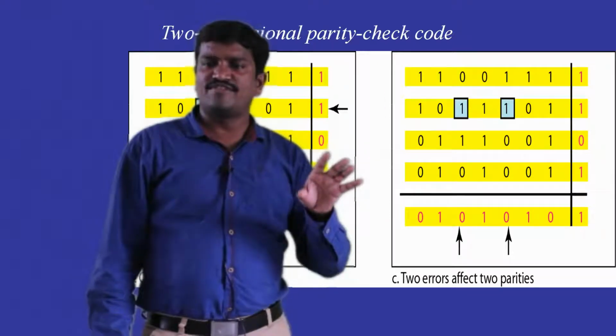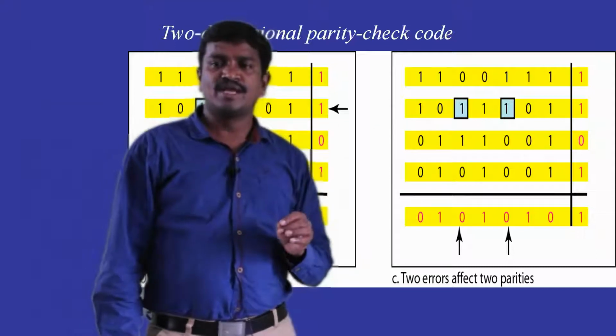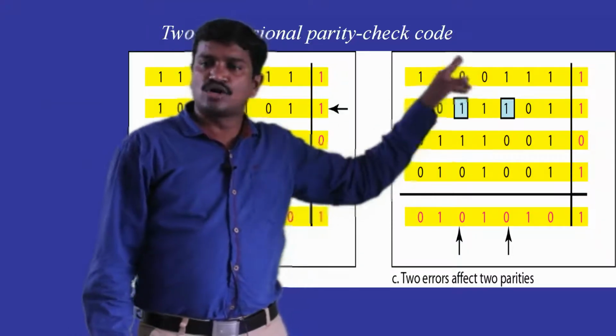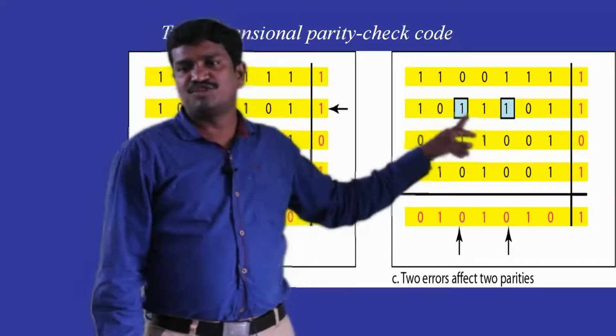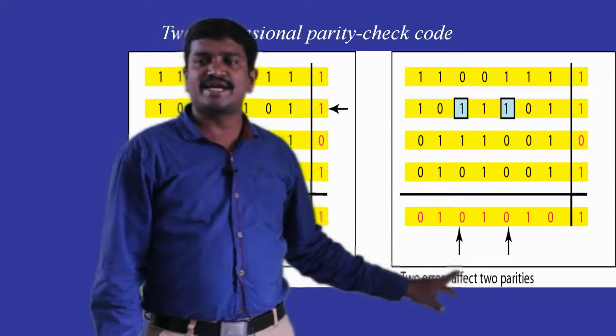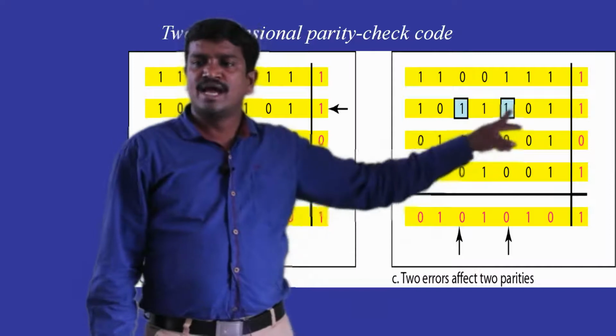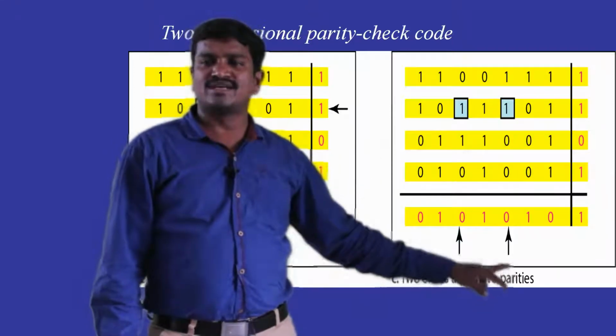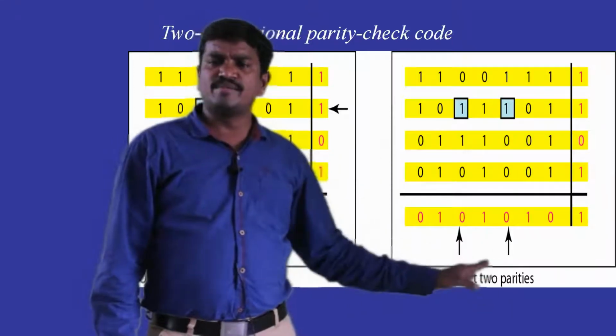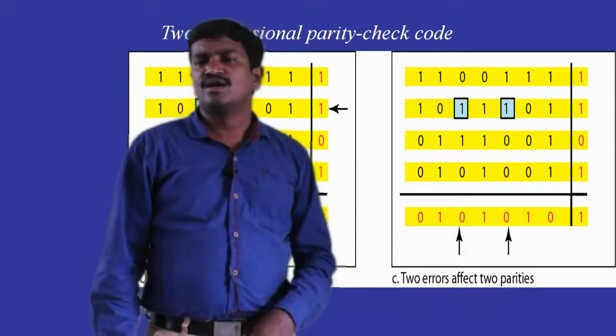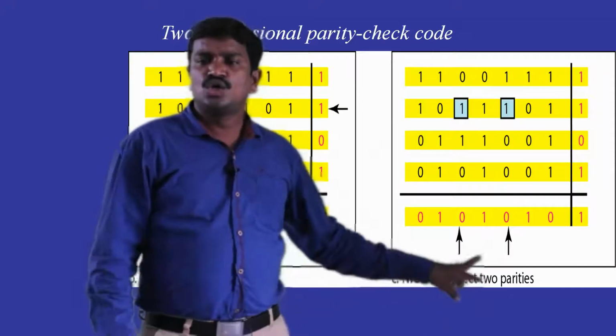This is the failure of the first method, simple parity check, but it need not be the same in column-wise parity. Now we have changed 1 bit of this column, and definitely it impacts the column parity, and this column is going to have one more impact. So definitely there is some impact, so it is possible to detect 2 bit errors also.